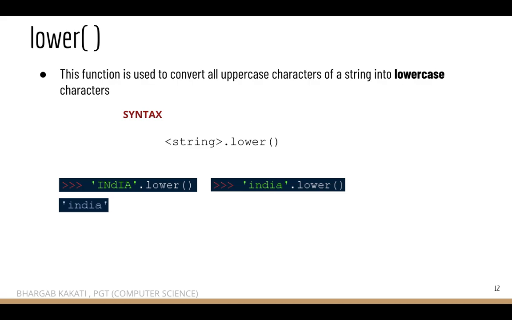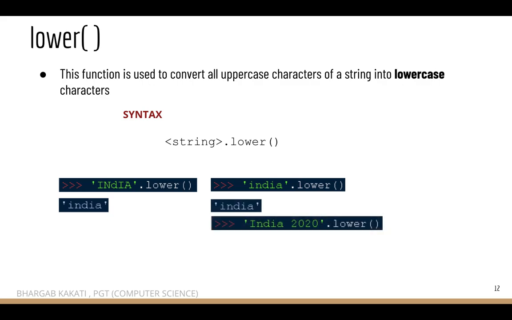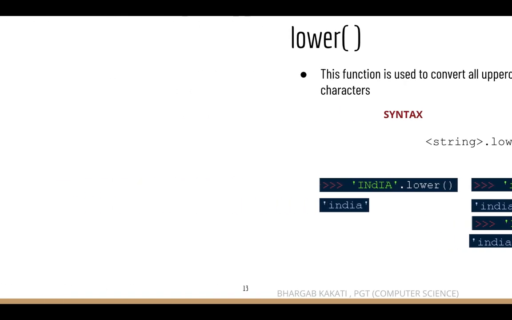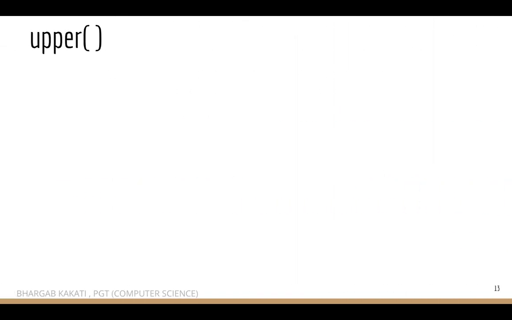India dot lower, here everything is already in lowercase, so it will return the same string. Got it? If I write India 2020 dot lower, whatever can be converted into lowercase will be converted into lowercase characters before proceeding. We have a similar function here, that is the upper function.